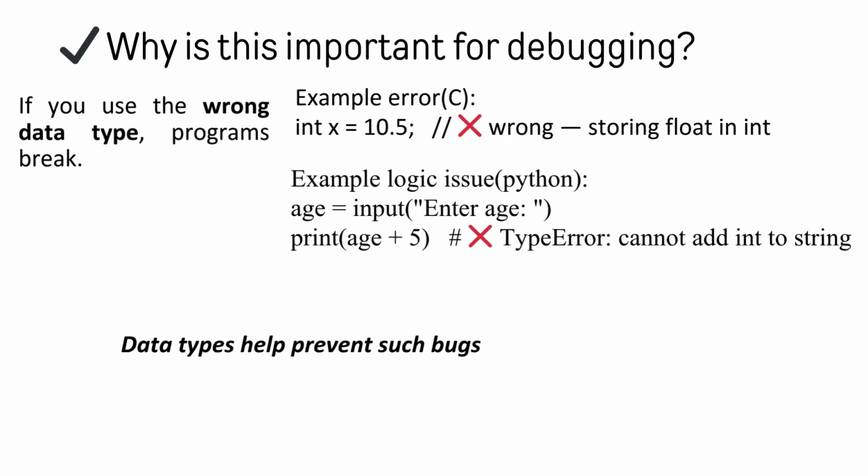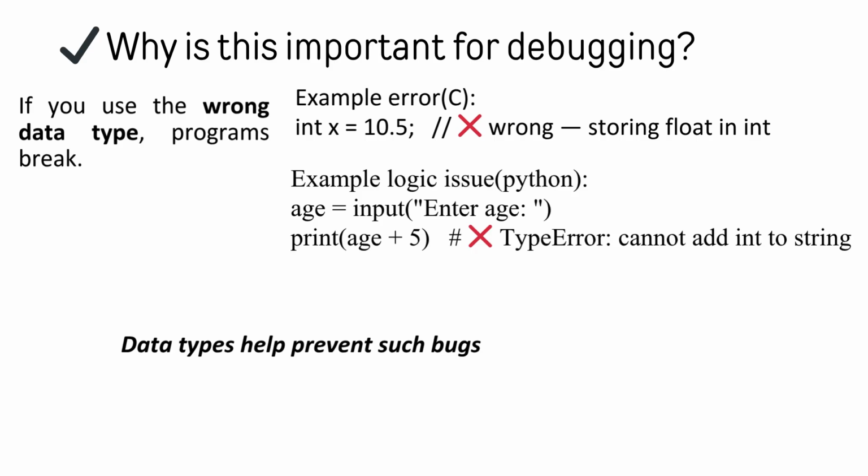So let's discuss why the data type is important for debugging. If we use the wrong data type, programs break. Suppose we want to store a floating point number, we need to declare a floating type variable. If we want to store an integer number, we just need to declare an integer type variable.